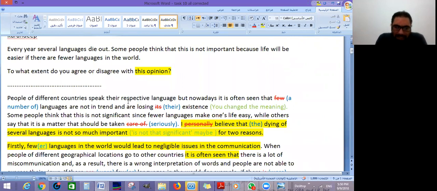Because this is a "to what extent you agree or disagree" question. When we change the meaning of the statement, we might be agreeing or disagreeing with something that wasn't given to us in the question. So we need to avoid changing the meaning of the background statement. It's very important that we keep the meaning the same.